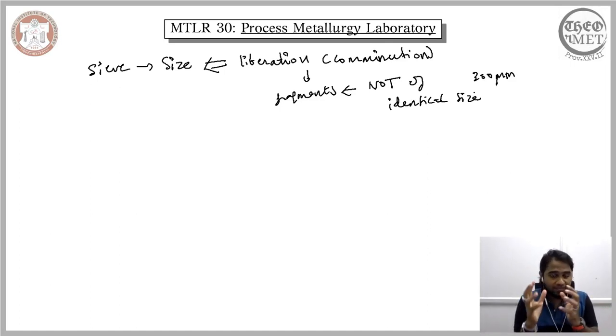So even that is being verified using sieve analysis. So the initial liberation, the desired size which has been achieved, is analyzed by sieve analysis, and the feed given for the subsequent liberation is also verified using sieve analysis.